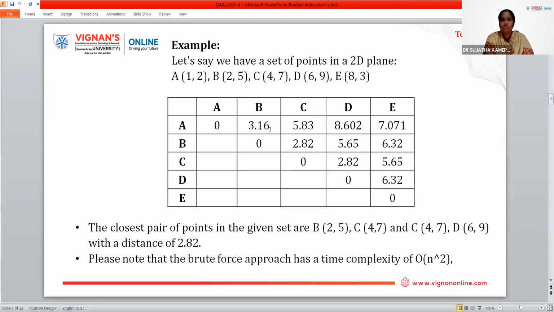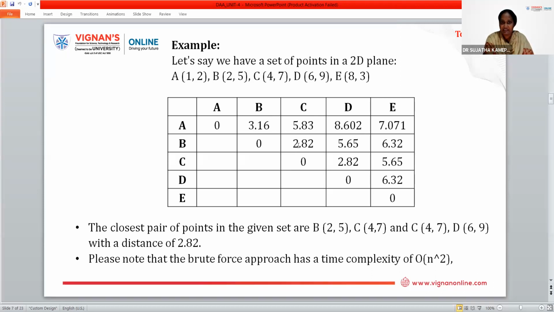Right. Now, first the minimum distance is updated with 3.6. Initially, the minimum distance is infinity. Next, we calculated the distance of AC, which is 5.83. In the earlier step, the minimum distance contains 3.16. Now, this is the greater value, so it will not be updated. Here, this is also greater, and this is also greater.